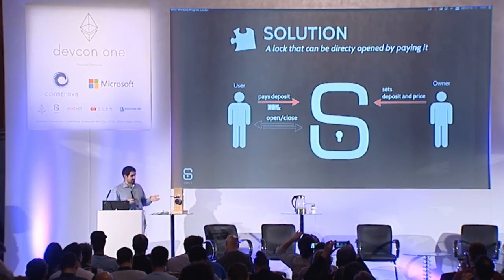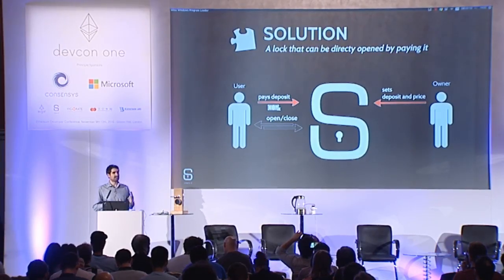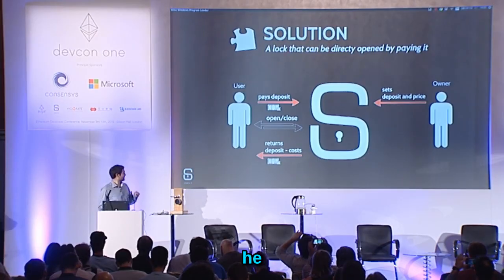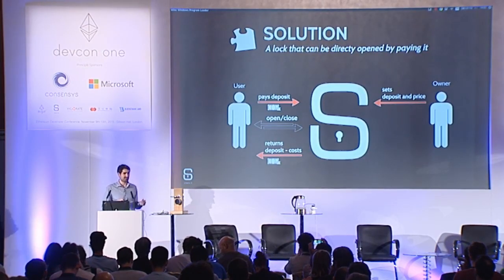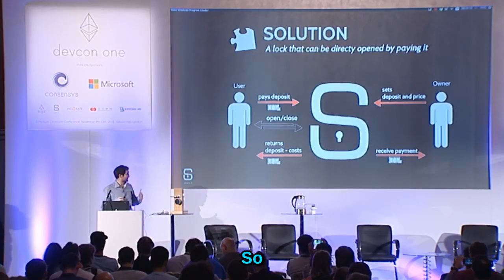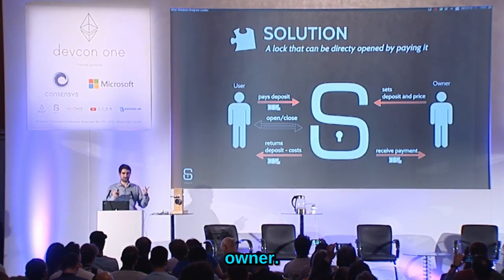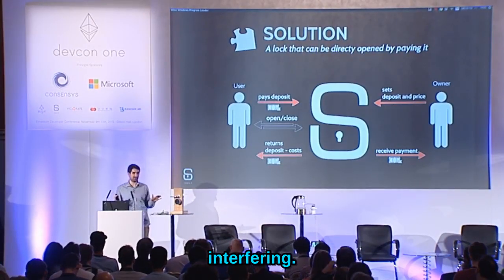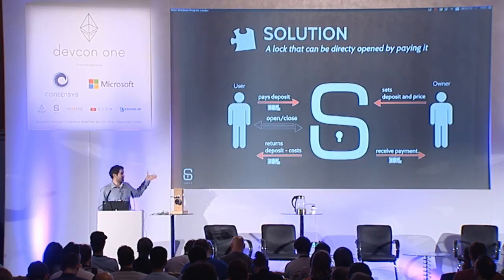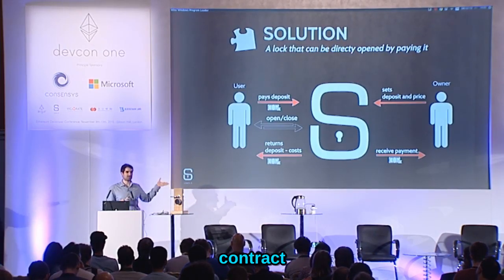Then let's say he used it for a couple of days, and then he returns it. When he returns it, after a while, he gets back his deposit minus the costs. And the payment, so the costs, go directly to the owner. And this, of course, happens automatically on the blockchain without anyone interfering. So that's the visualization of the smart contract behind this lock.